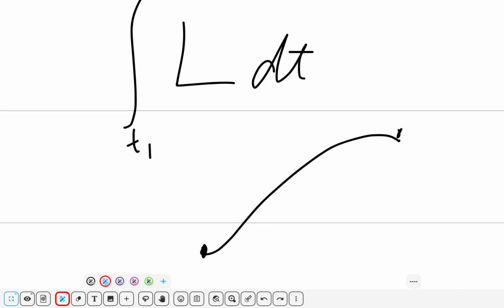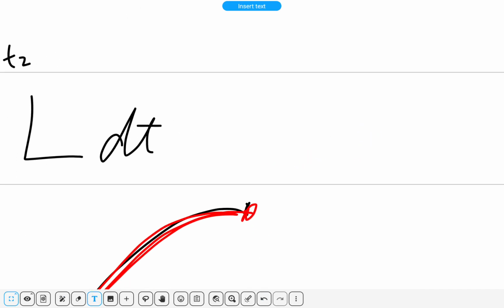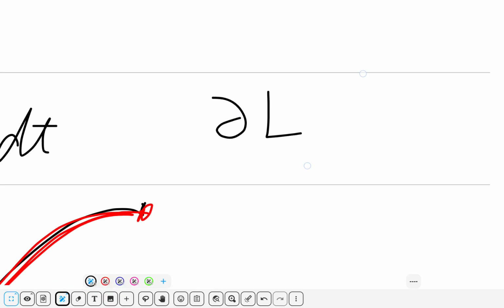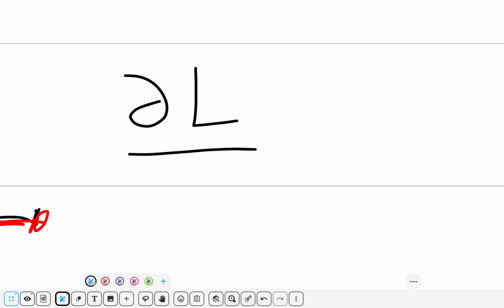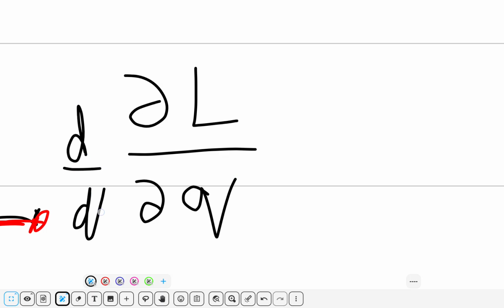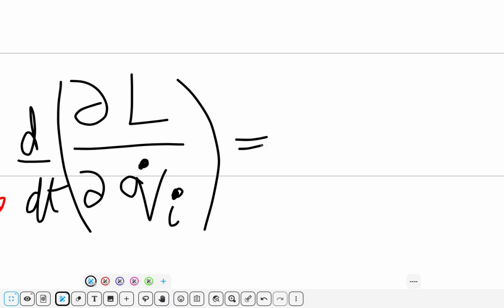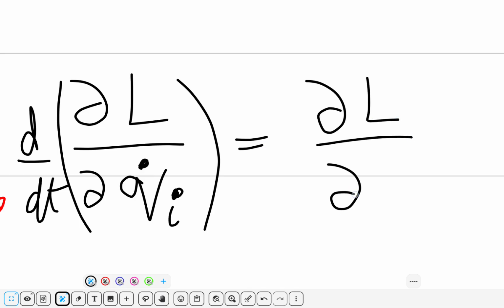We believe that this is the path which the particle will take, and because of that path, the coordinates will satisfy this differential equation. They satisfy this. This is what the Lagrangian is.